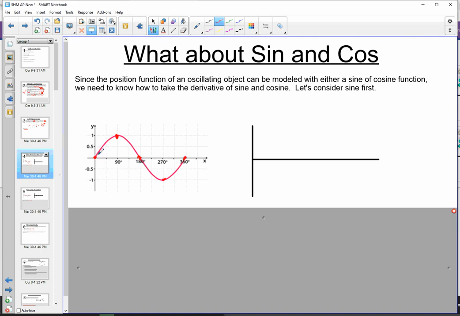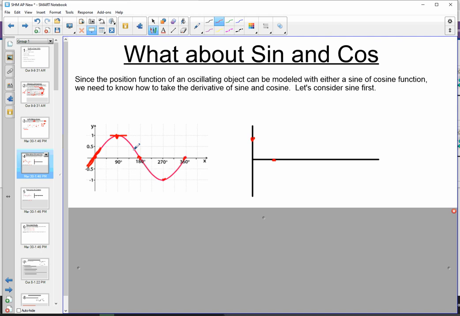So first, let's try to find at 0 here. Let's try to estimate what the slope of the tangent line would be. Now that slope looks about 1 to me, a rise and a run of the same value. So I'm going to plot 1 here. Then if we get up to 90 degrees and we draw a tangent line there, the slope has become 0. So over here, I would plot it at 0.